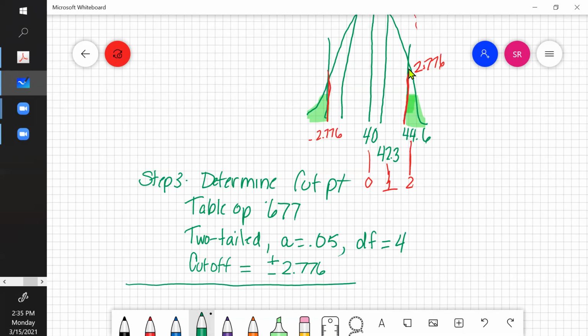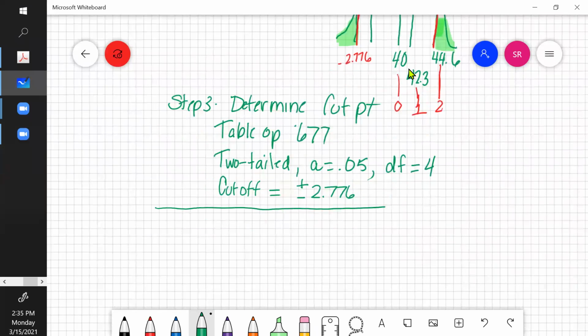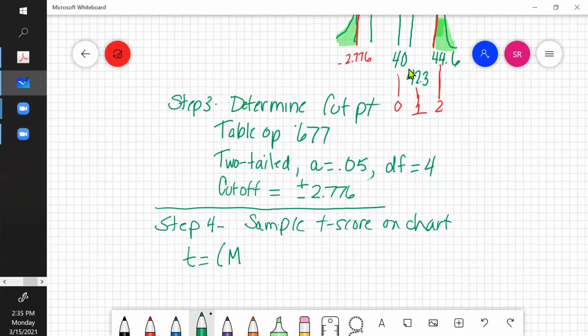To calculate this, this is basically like calculating a z-score, but we're calculating a t-score. And we have to place our sample t-score on the chart. And our sample t-score is just our sample mean minus our population mean divided by the standard deviation for the distribution of means.